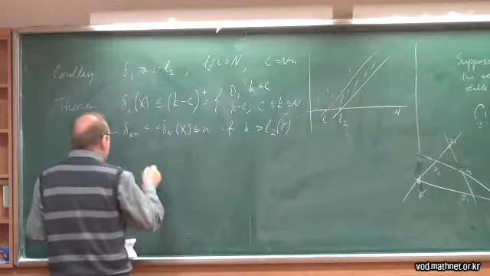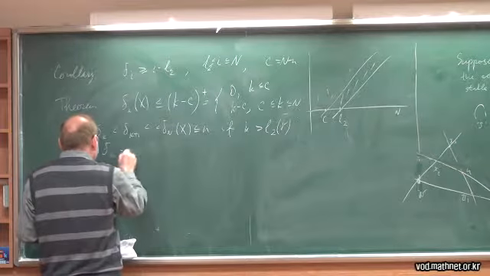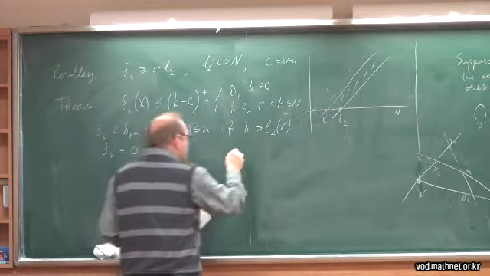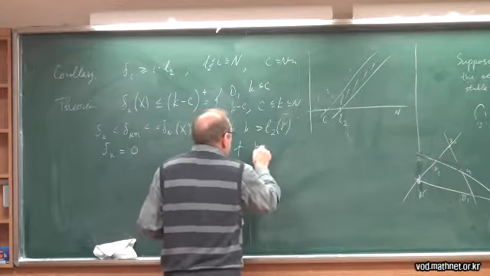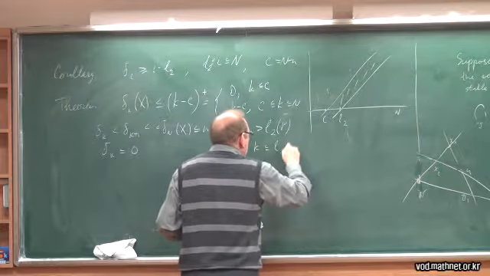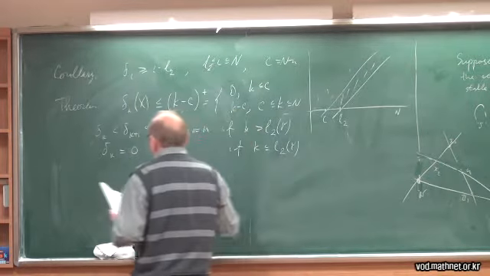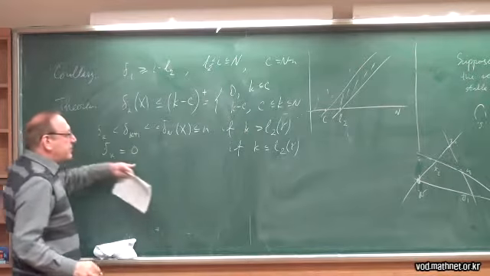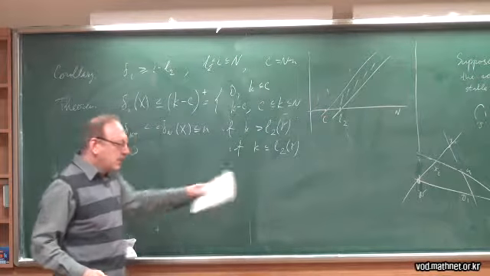And of course delta k is equal to 0 if k is at most L2 of y. This we know because of the preceding theorem, and this by definition of L2.